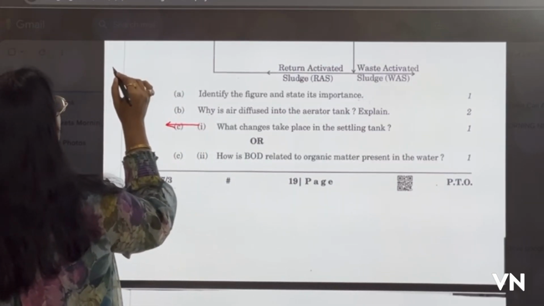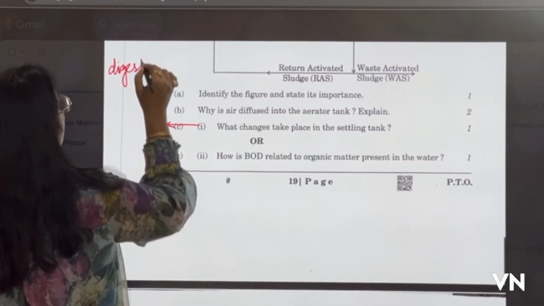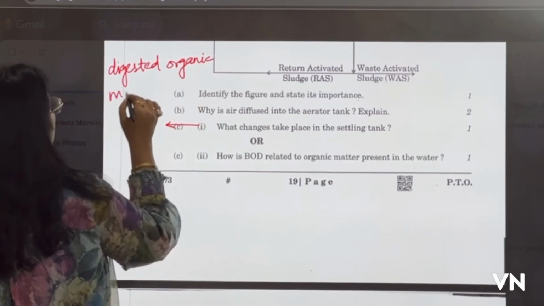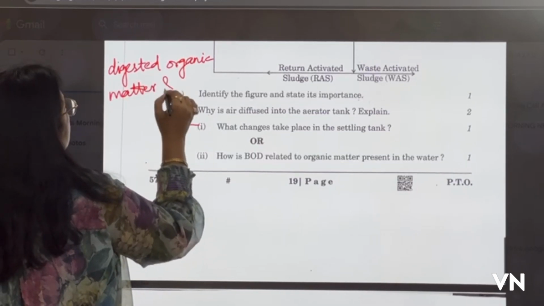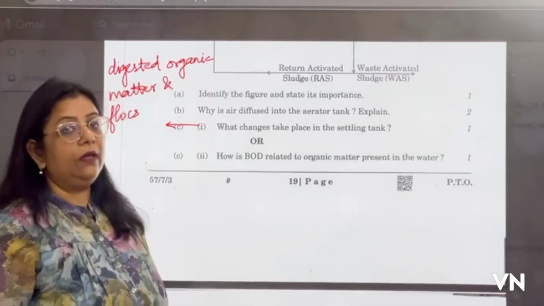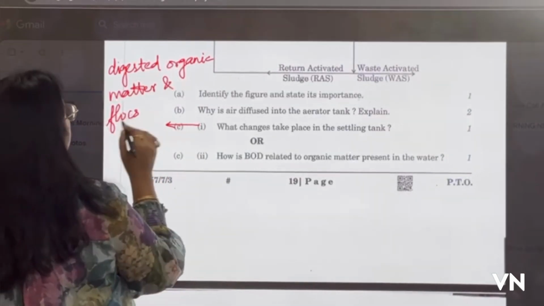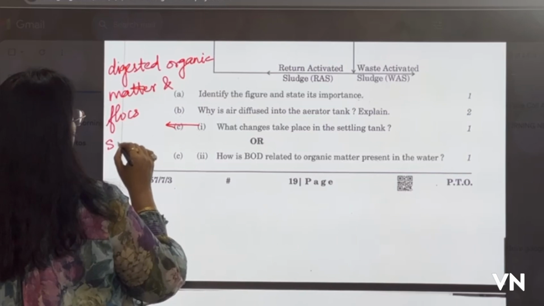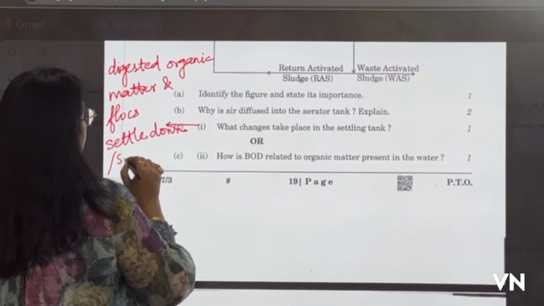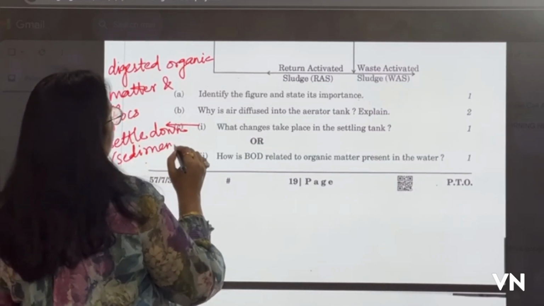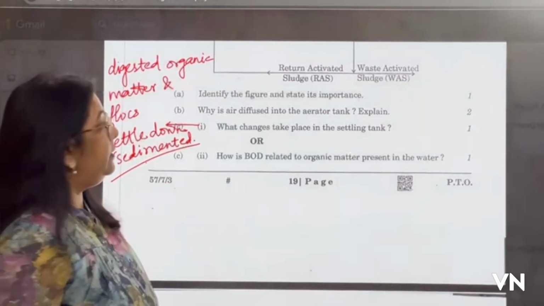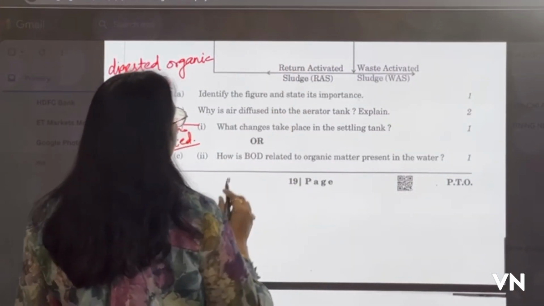The digested organic matter and flocks, that is, the combination of bacteria and fungal hyphae, settle down or are sedimented, and a small portion of this sediment is returned to the aerator tank.